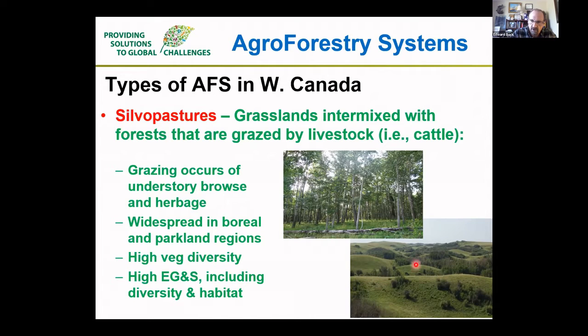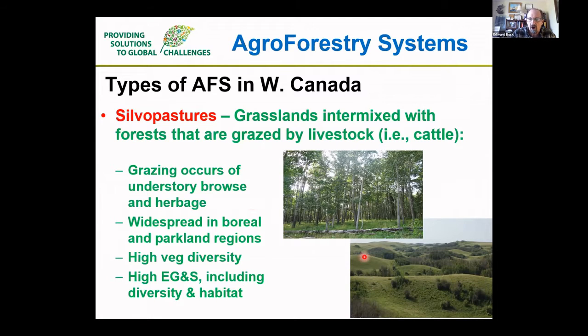If you look at this aerial photo here, you'll see that there's this mixture of grasslands interspersed with generally aspen forest, but in some cases conifer, or you can get different shrublands as well, things like western snowberry or wolf willow, all intermixed. And of course, there's grazing within these systems.